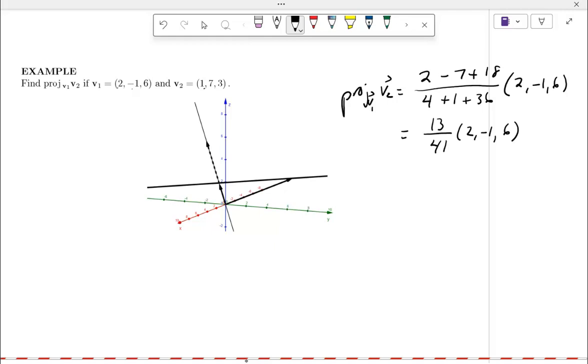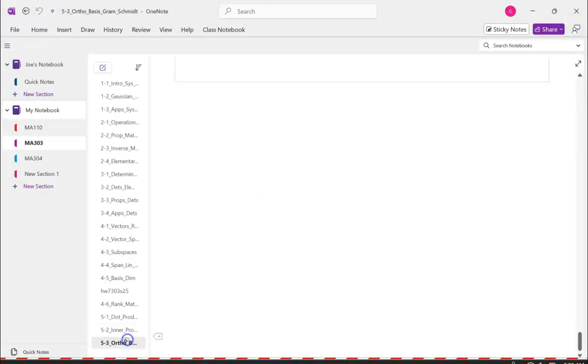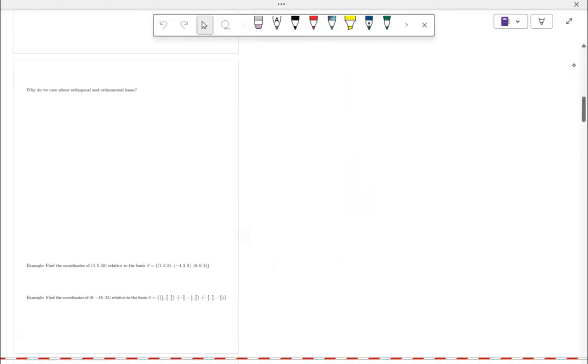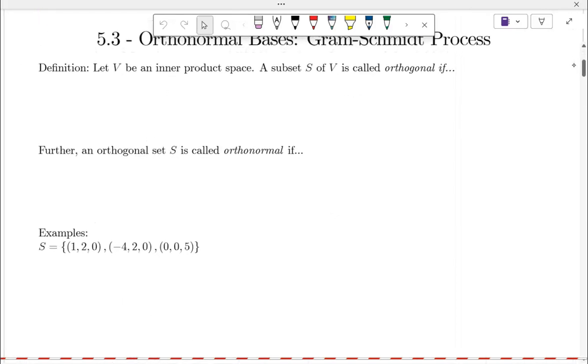We'll get to the concept of orthonormal bases, talk about why we care, and then talk about how we can create them. Okay? So, to that end, let's define what we mean by an orthogonal set and an orthonormal set, and then talk about orthogonal complements a little bit.